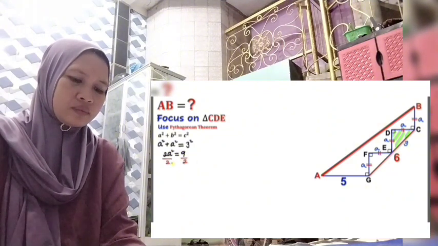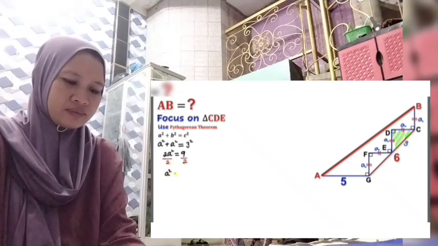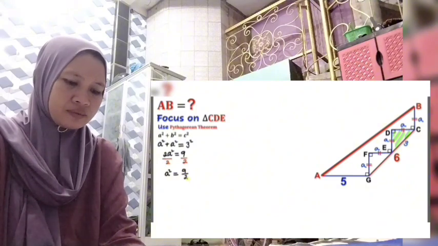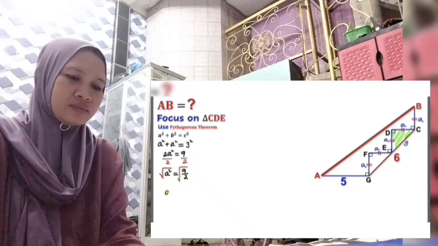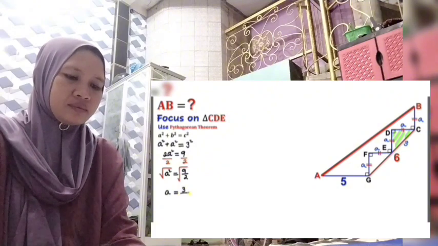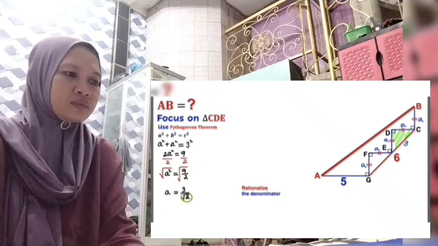And now we are going to divide both sides by 2. So therefore we are going to have a square equals to 9 divided by 2. And now I'm going to undo this square by taking a square root on both sides. So therefore our lowercase a value is going to be 3 divided by square root of 2. And now we are going to rationalize this denominator.